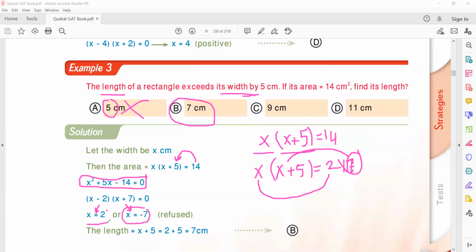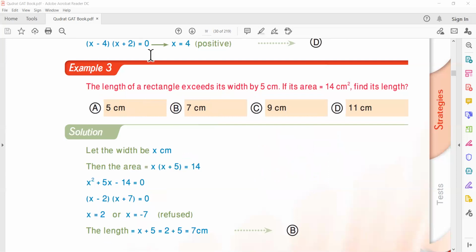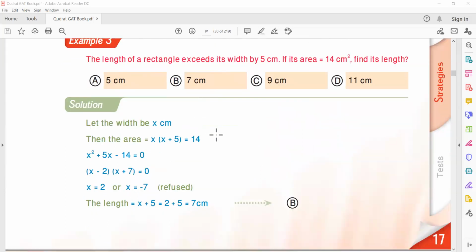So we take x equal 2, then the length is 2 plus 5, it is 7. So 7 centimeters, right? Do you see? Good. Maybe the easier way is you try, then you check the answer with the equation, then you get the answer.